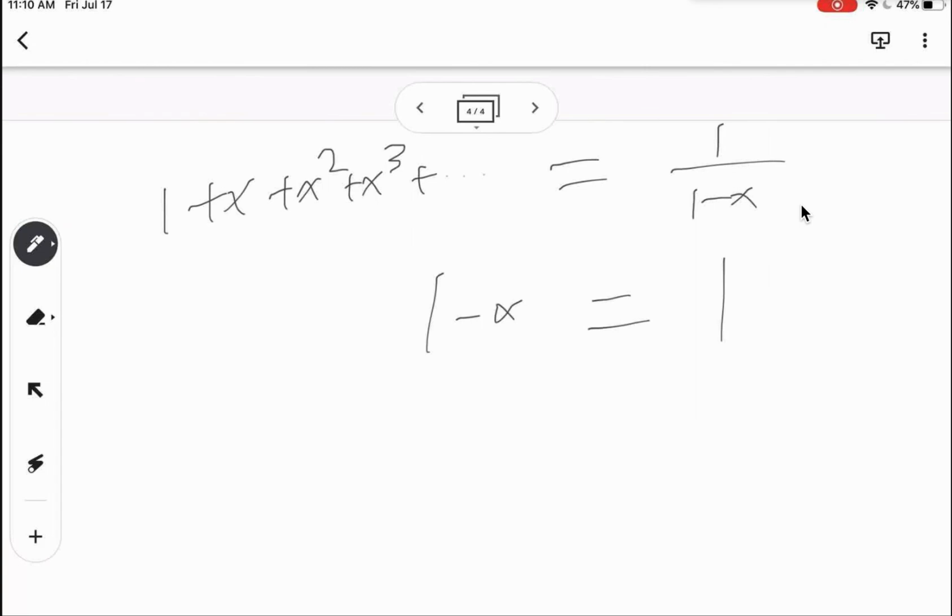But x to the infinity doesn't really exist, so this just cancels out and becomes 1 equals 1. So we get that this equals 1 over 1 minus x.